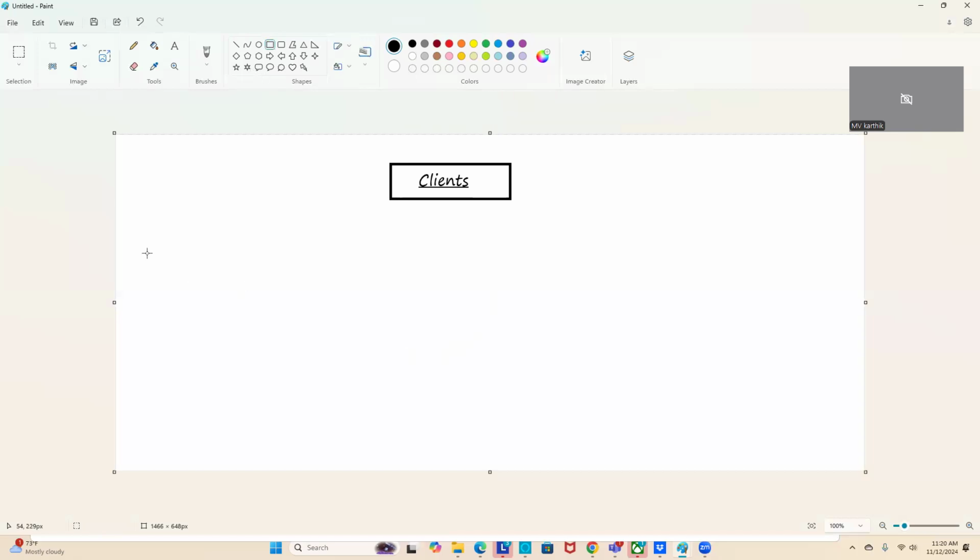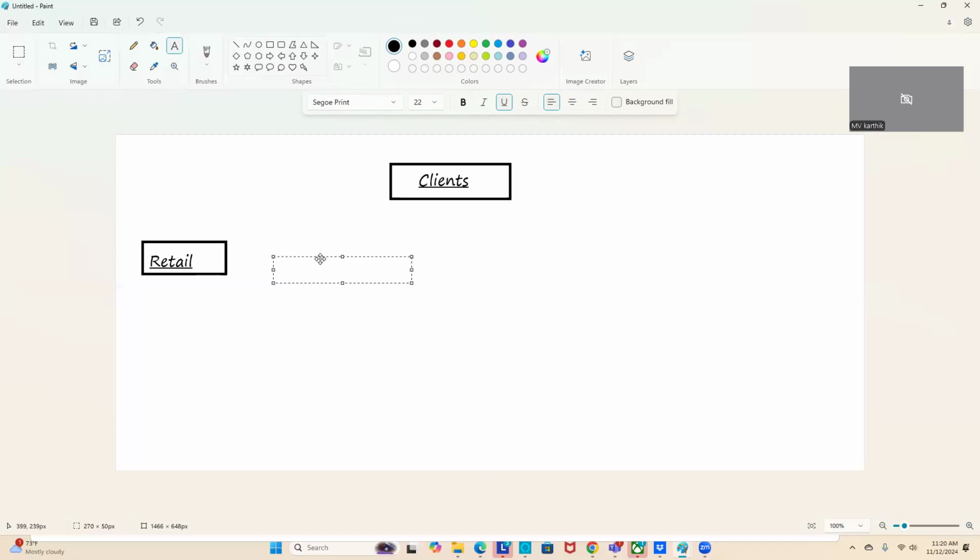So what are those clients? We have various domains. The retail domain is a top business data platform. The second one is oil and gas, another critical domain.